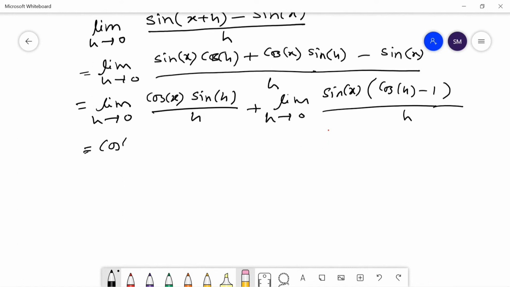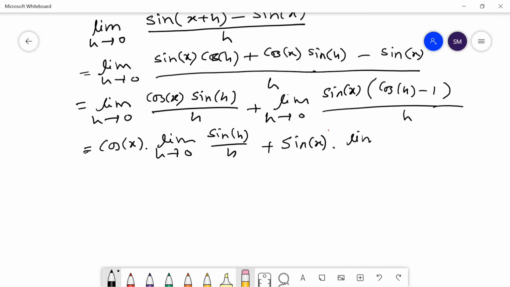So you have here cosine x times limit h tends to 0 of sin h over h, plus sin x times limit h tends to 0 of cosine h minus 1 over h, where cosine h minus 1 can be written as minus 2 sin square h over 2 over h.